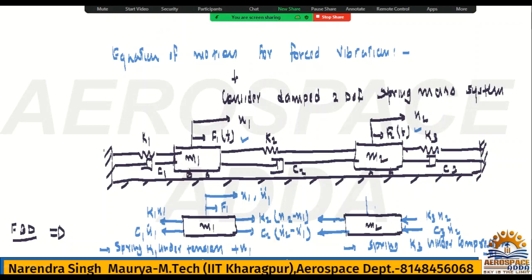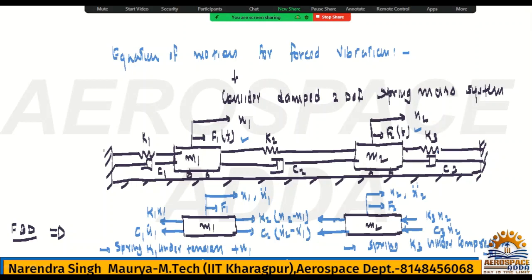Similarly, mass into acceleration is called the inertia force, and this is F2, and here this is x2 and the inertia force with x2 double dot. This is the free body diagram.